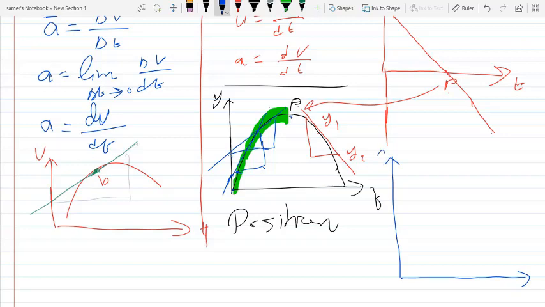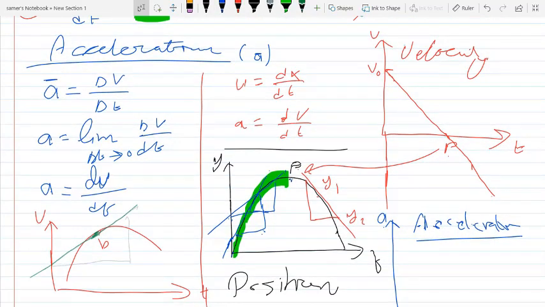This is a, acceleration, and this is t. The shape of the velocity graph is straight, and we know that a straight line has a constant slope. And because it has a constant slope, it has a constant acceleration.